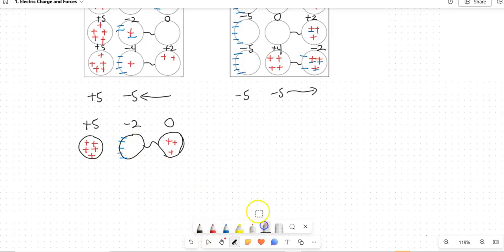And what we will have for this case is -5 plus 2. Plus 3 in the end. Okay.